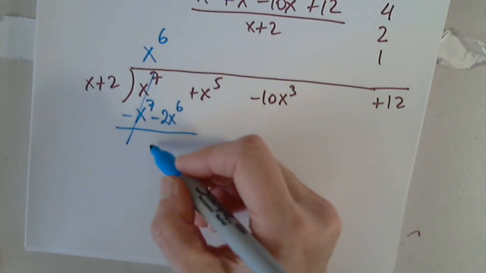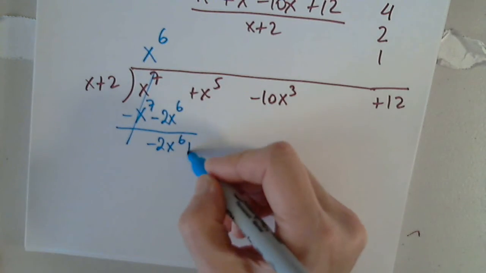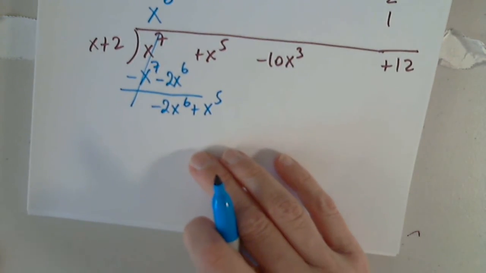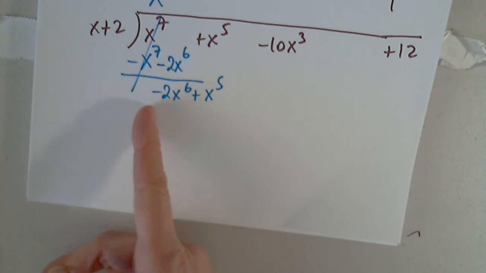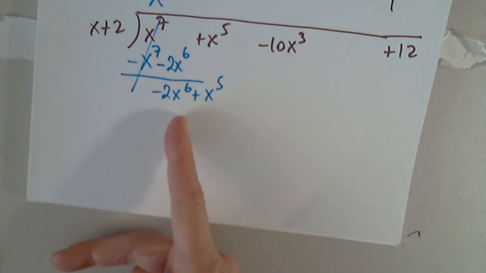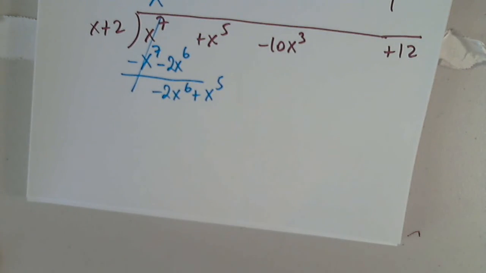Okay, I perform the operations I see, and I bring down the next in line. My next question is, same thing, x times what is negative 2x to the 6th, and the answer has to be negative 2x to the 5th.